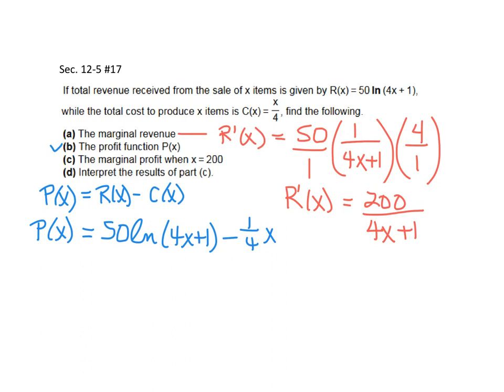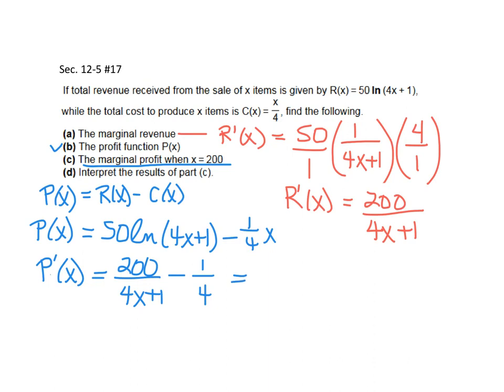And then they want to know, find the marginal profit when x is 200. Well, first we need to find the derivative of the profit function. And since we already have the derivative of the revenue part of it, we're going to use the fact that that's 200 over 4x plus 1 minus the derivative of 1/4 x, which is 1/4.